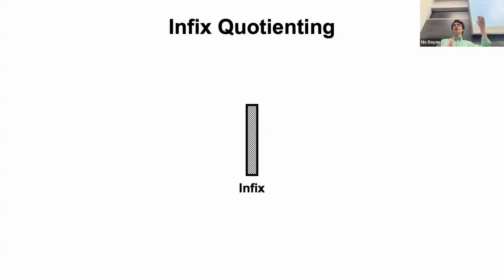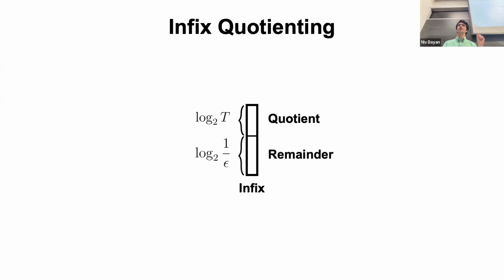An infix store applies quotienting to all of its infixes. So it's going to take each infix and split it into a log T bit quotient, and the rest, which is a log of 1 over epsilon bit string, is going to be your remainder.